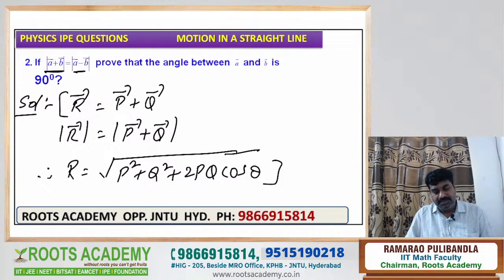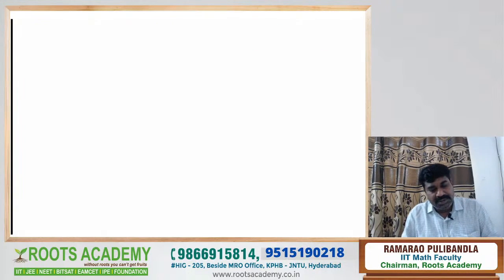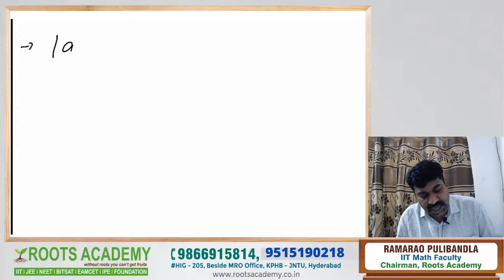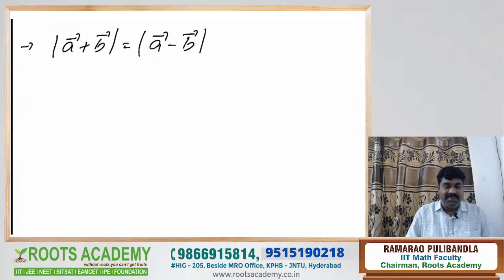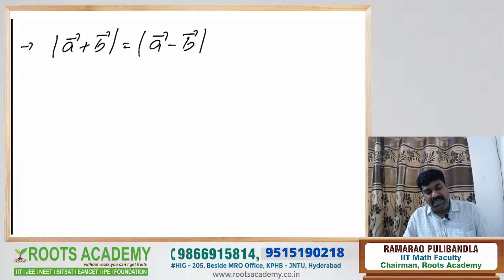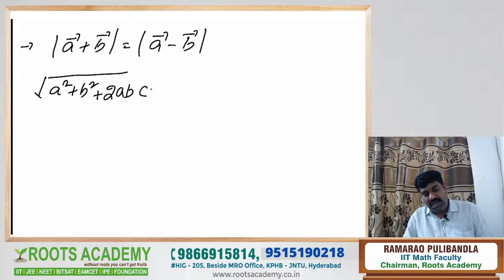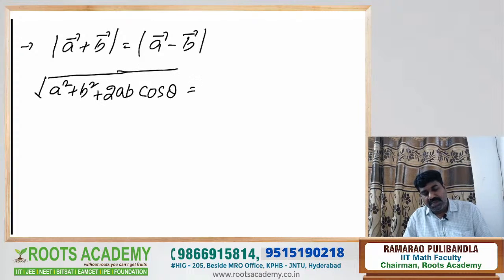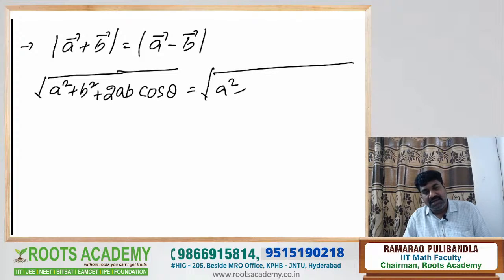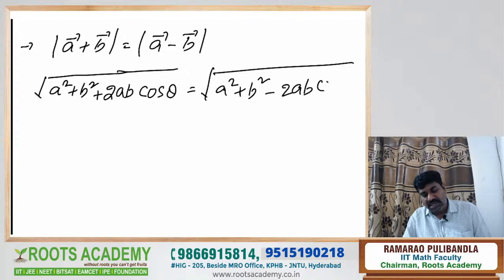So here, given that modulus of A bar plus B bar is equal to the modulus of A bar minus B bar, A bar plus B bar is the square root of A square plus B square plus 2AB cos theta, which is equal to the square root of A square plus B square minus 2AB cos theta.